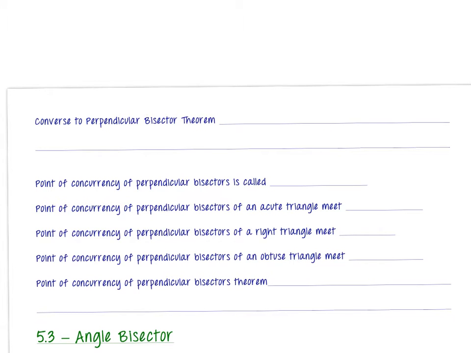Okay, then the perpendicular bisector theorem had a converse. So if the initial theorem says if a point lies on the perpendicular bisector, then it's equidistant from the endpoints, what does the converse say? If a point is equidistant from the endpoints, it lies on the perpendicular bisector. Perfect.